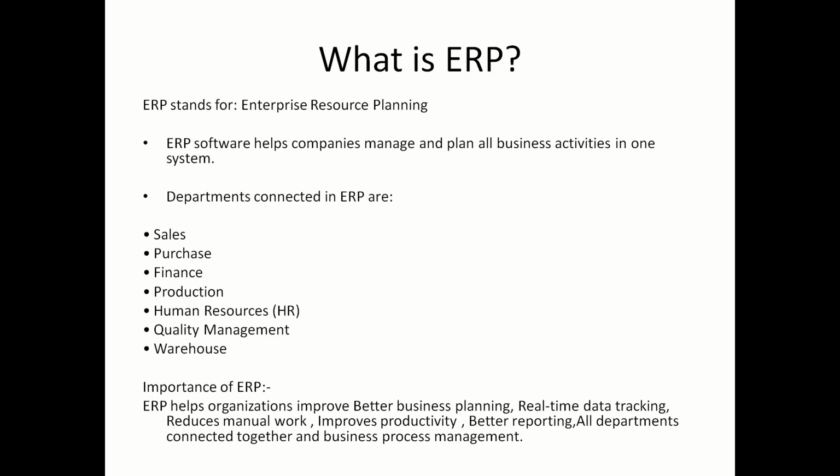Now, what is ERP? ERP stands for Enterprise Resource Planning. It is a software which helps companies to manage and plan all the business activities in one system. There are various departments connected with the ERP such as sales, purchase, finance, production, human resources, QM, warehouses, etc. And what is the importance of ERP?